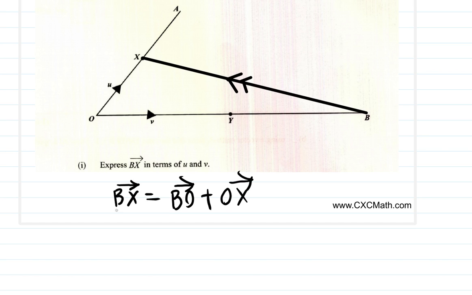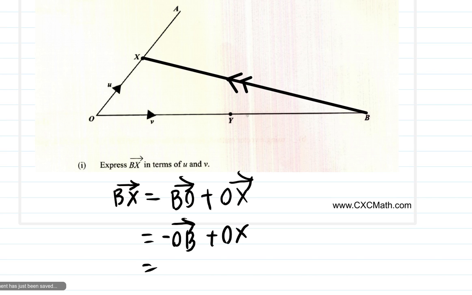Now what is BO? BO would be negative OB. So it's negative OB plus OX.